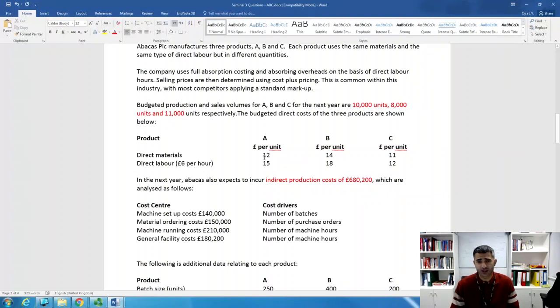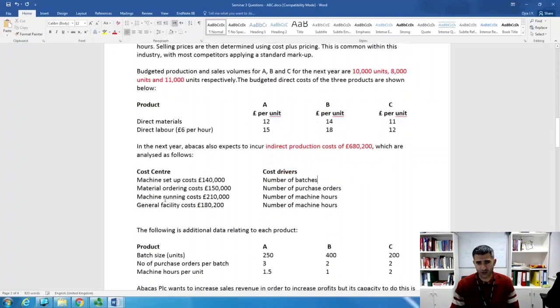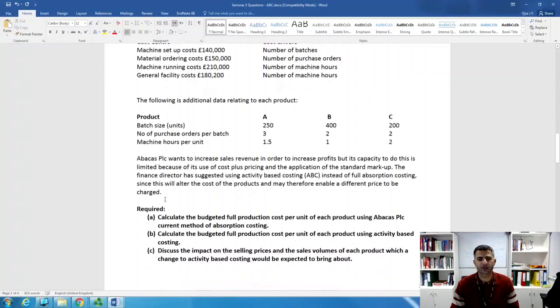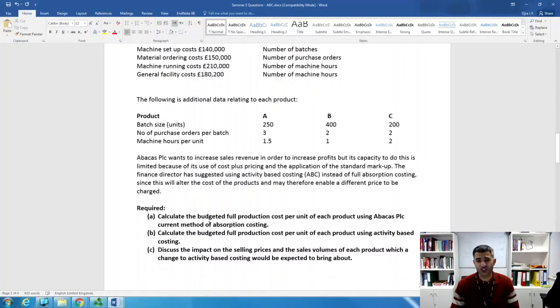So I'm not going to continue. I'm going to stop for now and go to required A. Calculate the budgeted full production cost per unit of each product using the current methods of absorption costing, which is labor or machine hours. We need to find out.